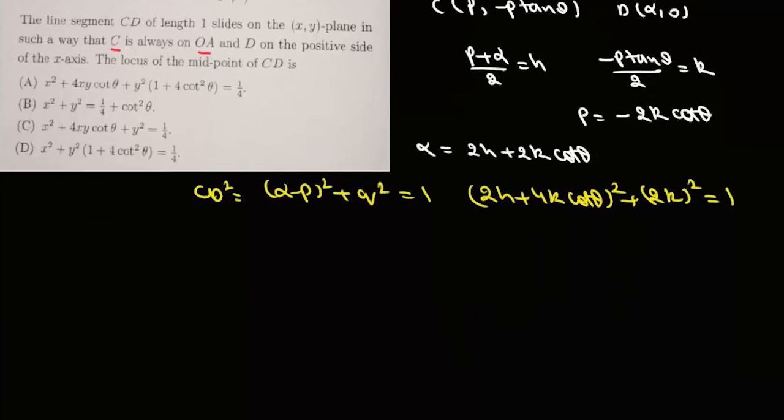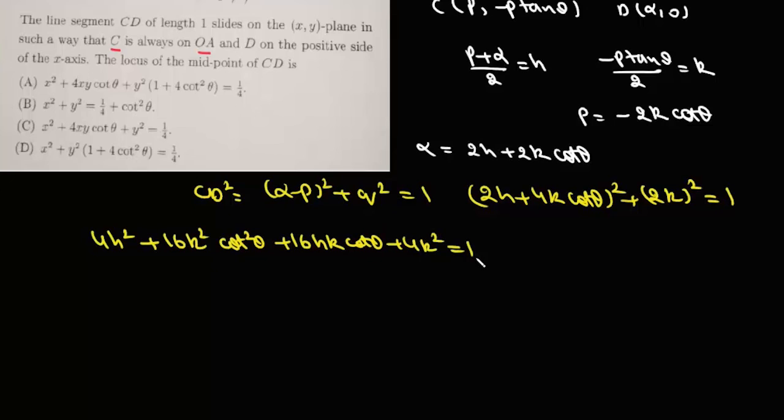Now we can write this as 4h square plus 16k square cot square theta plus 16hk cot theta plus 4k square equals 1. Now if we divide everything by 4, we can write h square plus k square into 1 plus 4 cot square theta plus 4hk cot theta, and it is equal to 1 by 4.